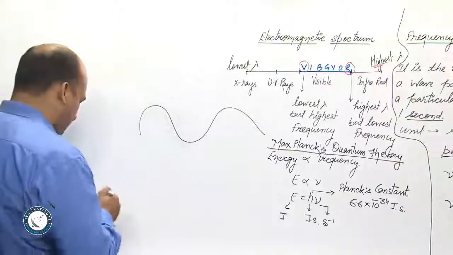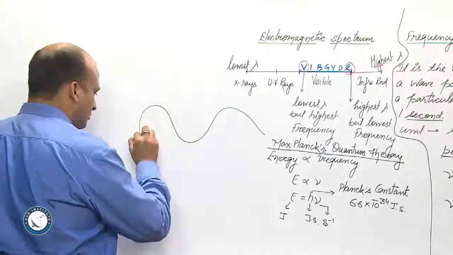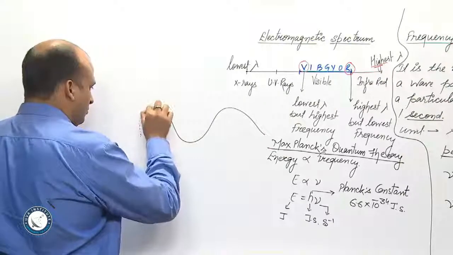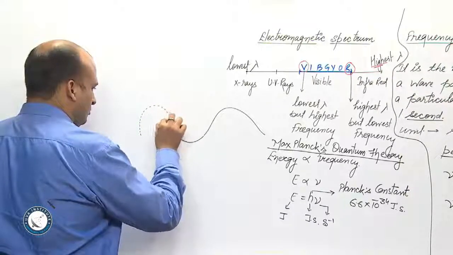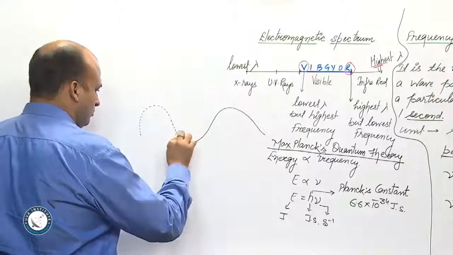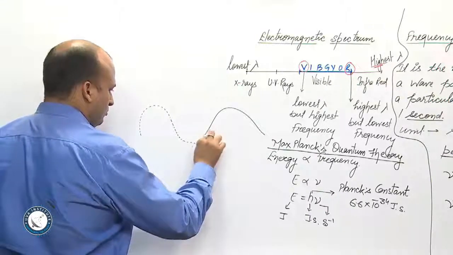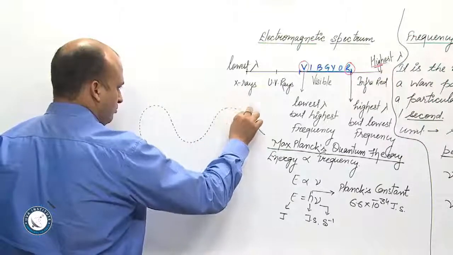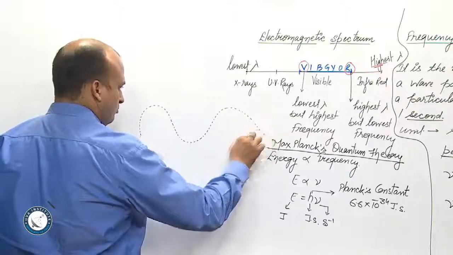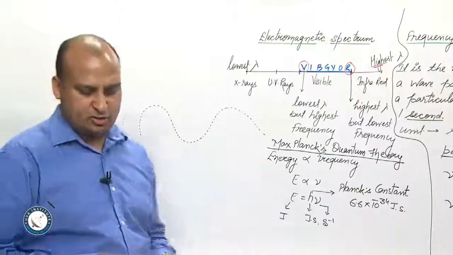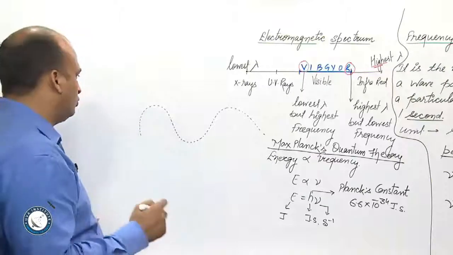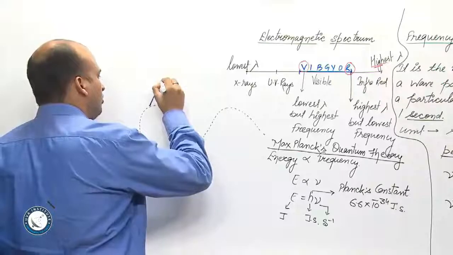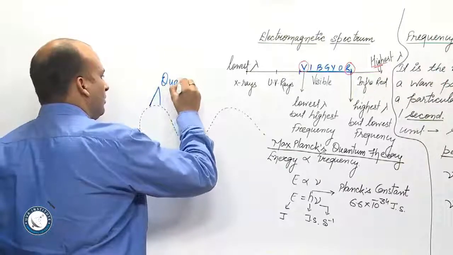According to him, it travels like this. Zoom करेंगे इसके ऊपर. So what are these? These are called quanta.